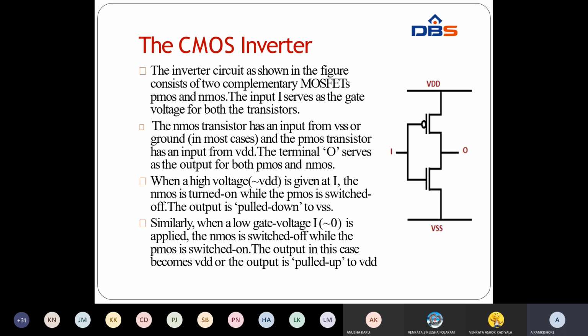The chips from the same family can be interconnected to perform any desired logic function. That means whatever ICs come from the same family can be interconnected and perform any desired logic function.